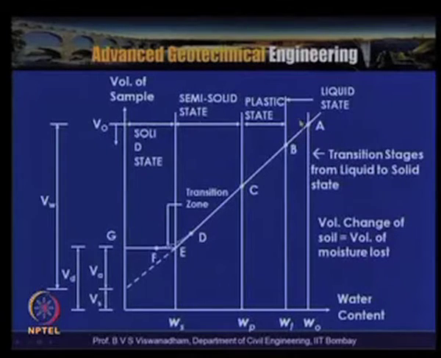When it transits from liquid state to plastic state, that is point B, referred to here as the liquid limit, W suffix L. Point C is the plastic limit, the transition between plastic state and semi-solid state. When it transits from semi-solid state to solid state, up till this point the degree of saturation is 100%, and the water content at this transition between semi-solid state and solid state is called the shrinkage limit.